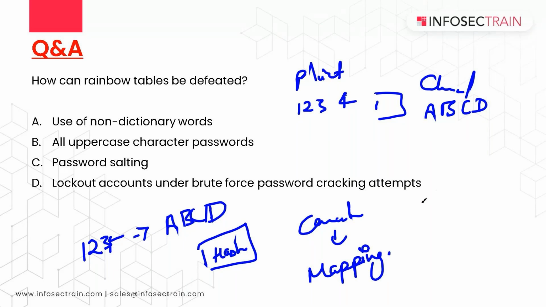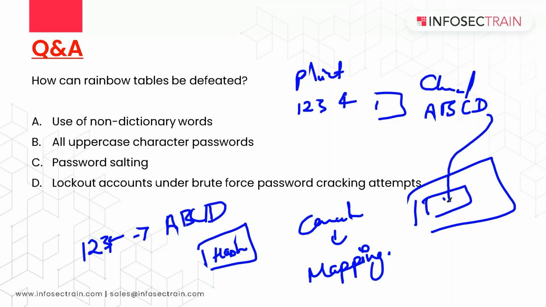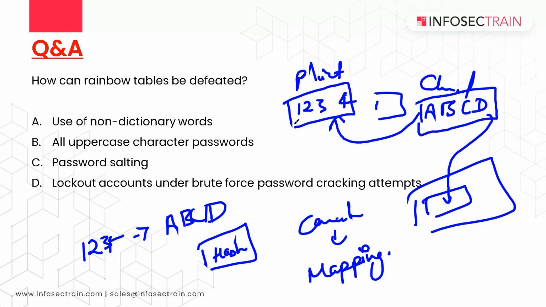So let's say over here we have a rainbow table platform. Inside this, we will be putting this hash, ABCD. Now, inside the database of this rainbow table, it is going to search for ABCD, and once it finds it, it will look for the plain text and the hashing algorithm, and then it will give us the answer.